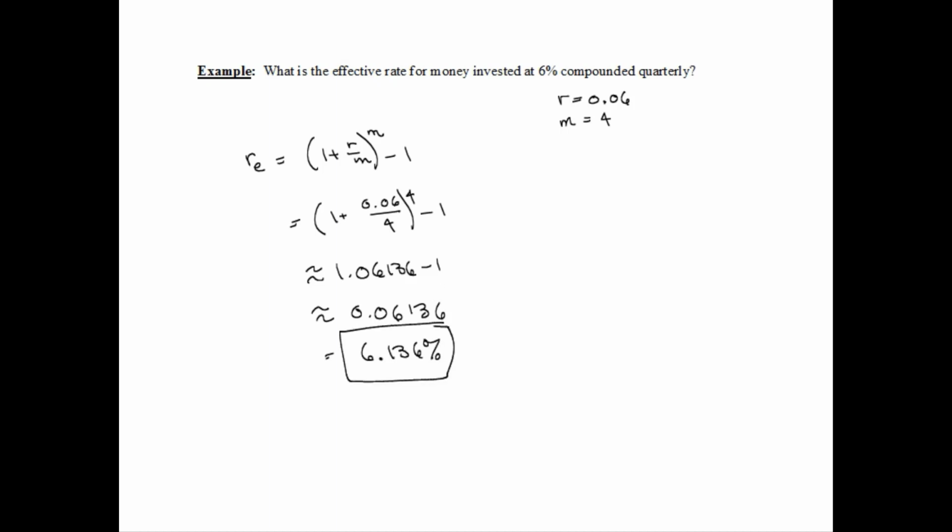So 1 plus 0.06 over 4 to the 4th minus 1. So you should get about 1.06136 minus 1, which will be 0.06136. We want to write it as a percentage, so 6.136%. That's how we calculate the effective rate.